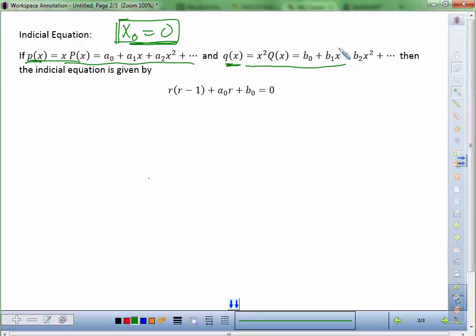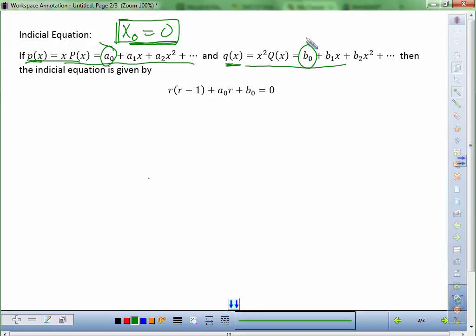Now we have to come up with power series solutions and stuff like that. Well, in this case, the power series that we need, we really only need a little bit of it. Actually, we only need one term from each of the power series, and we only need the first term for each of those power series.